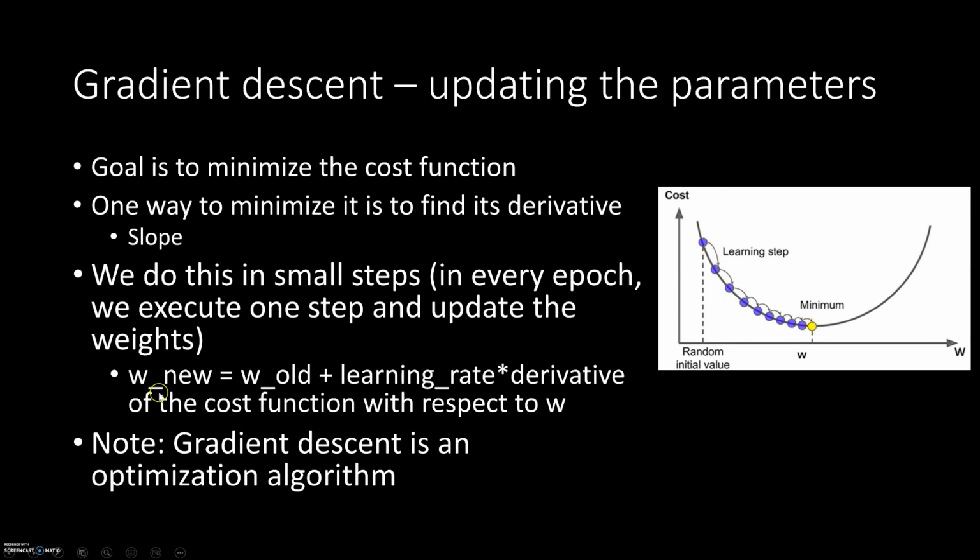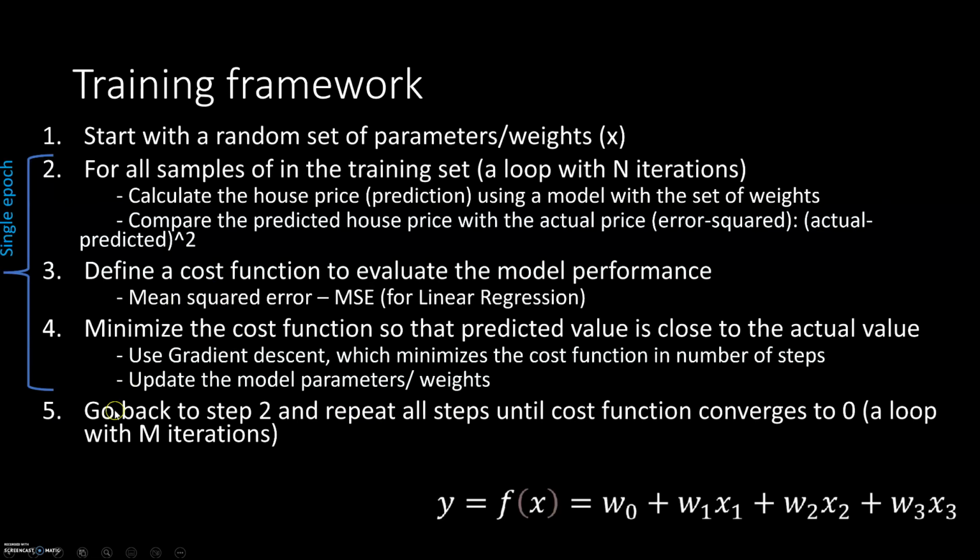So at every step, we're updating the model parameters by using this equation. We take the old set of parameters and add to it the learning rate times the derivative of the cost function. And then once we have the new set of parameters, we repeat what we saw in the previous slide.